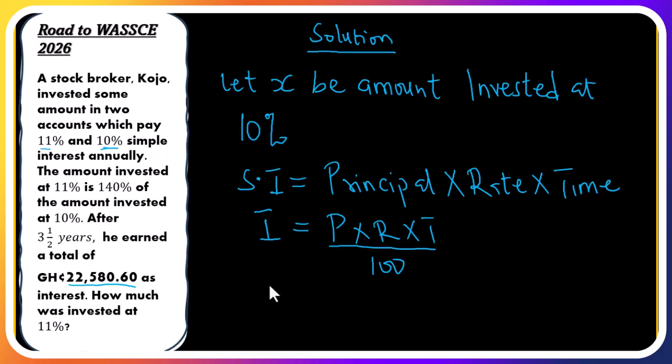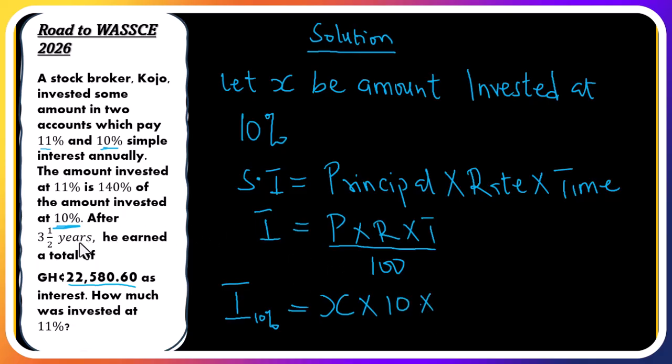So with the first one, the 10% interest, the principal, which is the amount invested, is denoted here as X since it wasn't given, times rate. The rate is 10%, times the time.